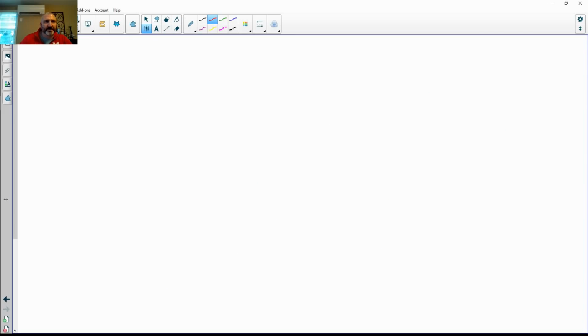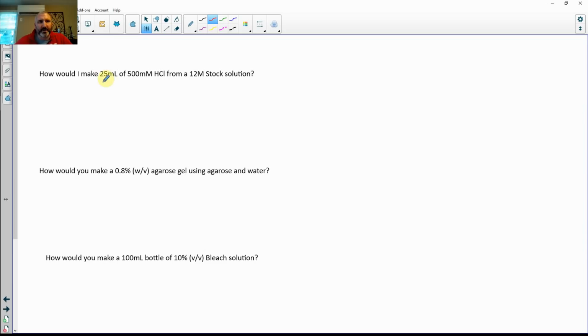The last three are actually pretty simple. How would I make 25 mLs of 500 millimolar hydrochloric acid from 12 molar stock? Again, there's your tell. We got a stock solution, so C1V1 equals C2V2. C1 is going to be 12 molar. V1 is what we're looking for. C2 is going to be 500 millimolar, but because we're in molar here, we have to be in molar here.